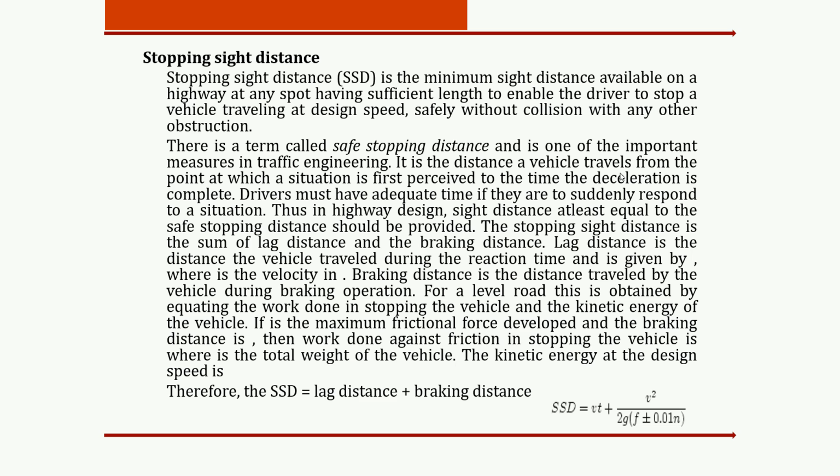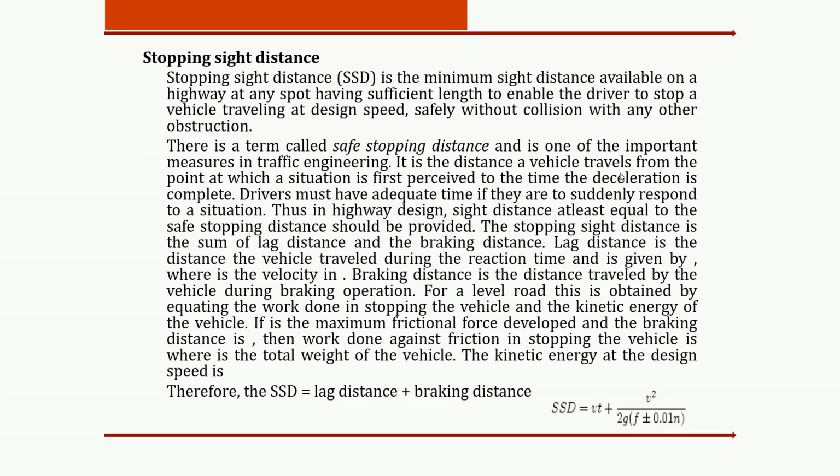For a level road, this is obtained by equating the work done in stopping the vehicle and the kinetic energy of the vehicle. If F is the maximum frictional force developed and l is the braking distance, then the work done against friction in stopping the vehicle is F times l, where W is the total weight of the vehicle. Then the kinetic energy at the design speed, as I told you earlier, the stopping distance will be given by lag distance plus braking distance.